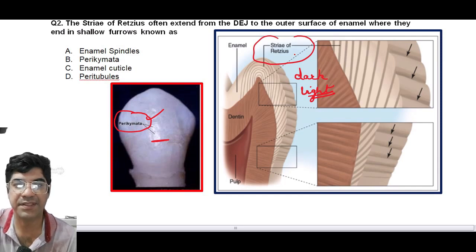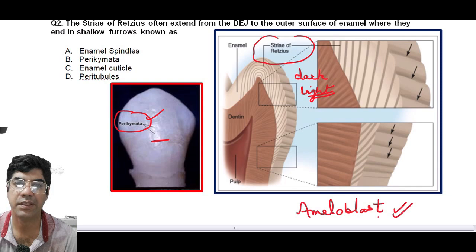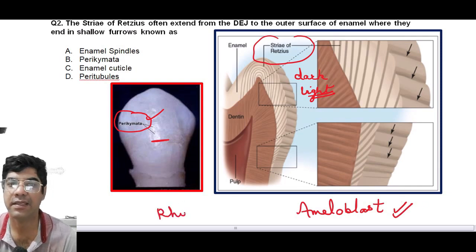The process starts when the ameloblasts, which are specialized cells, secrete enamel proteins during tooth development. Ameloblasts don't secrete enamel continuously. They do it in rhythmic cycles.